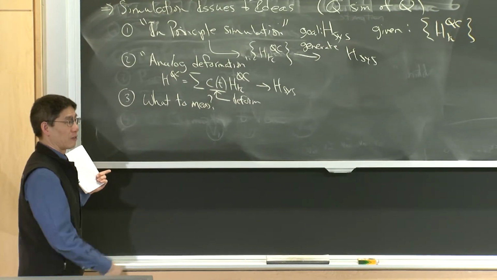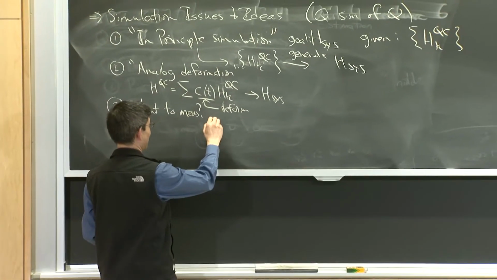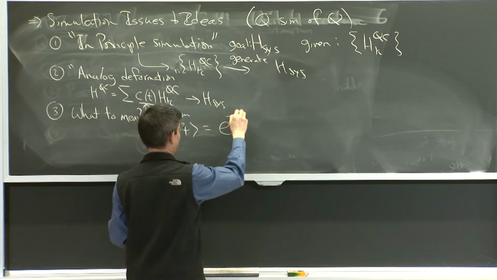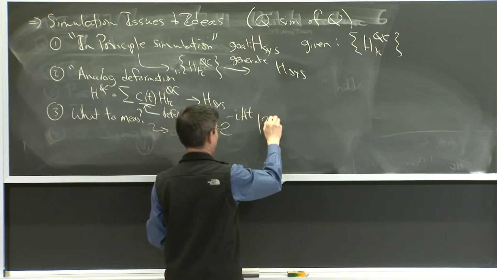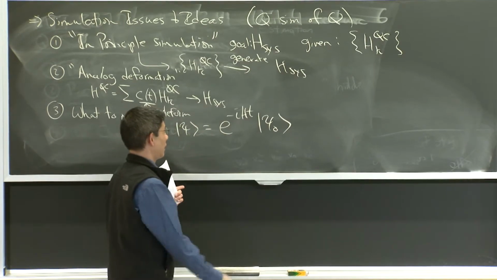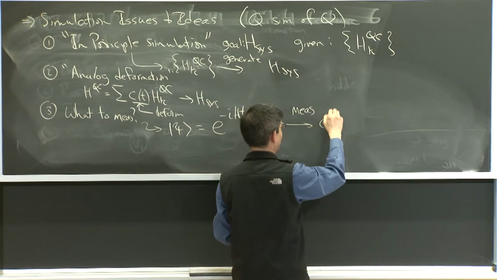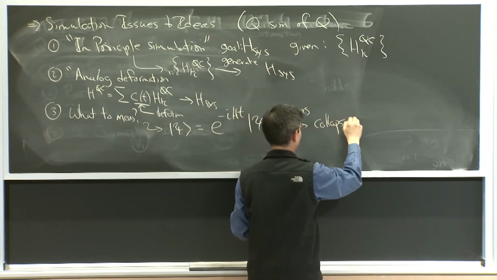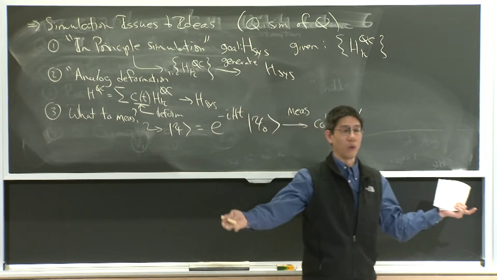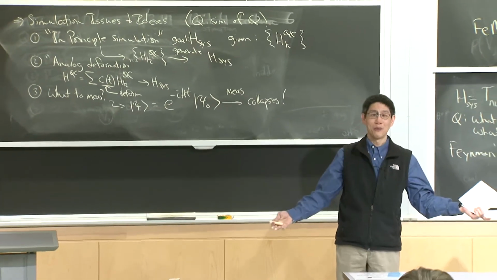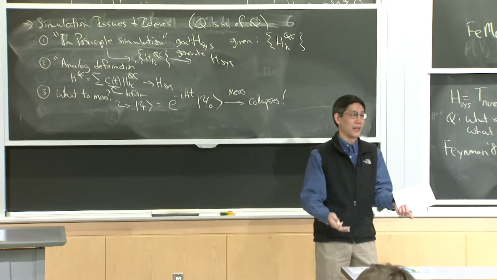Even if I just tell you, you can simulate, so if I say you're given some state, which is e to the minus iHt times some initial state, if you measure this, it collapses. And then you get only one statistical sample of that wave function. Does that tell you what you want? Does that give you an actual output?